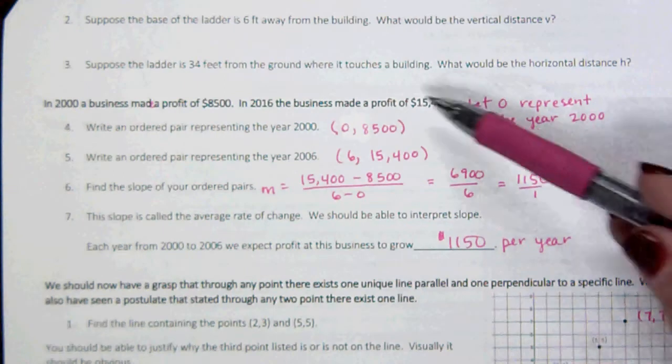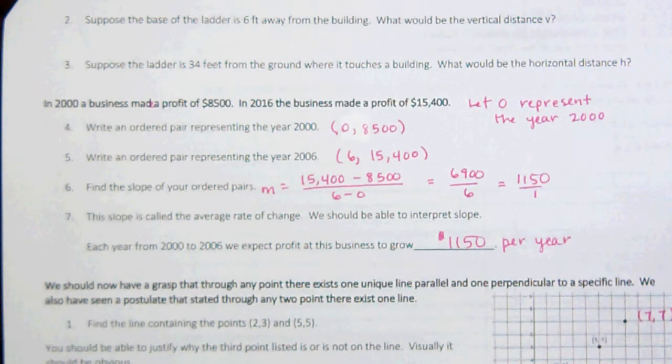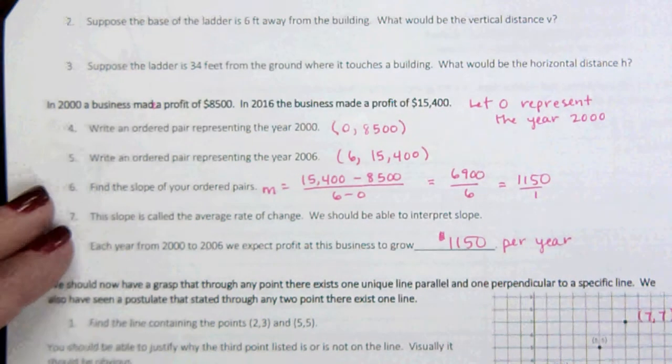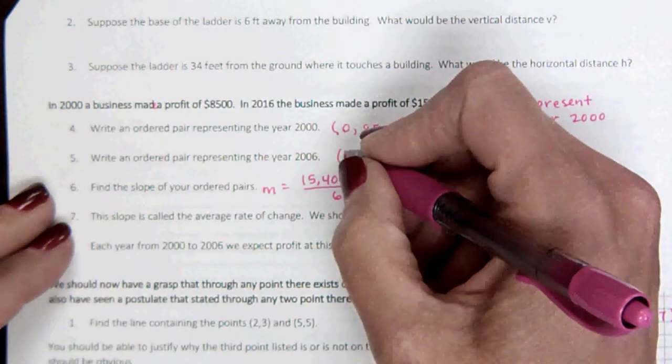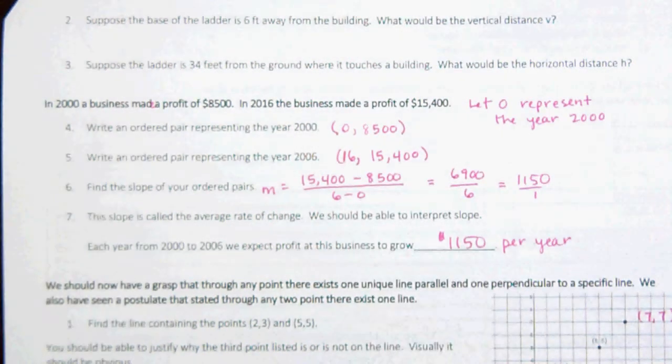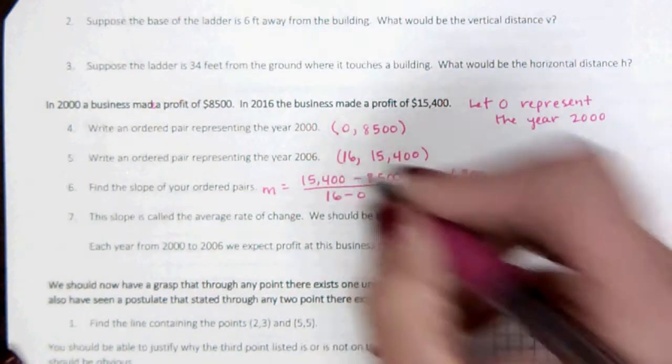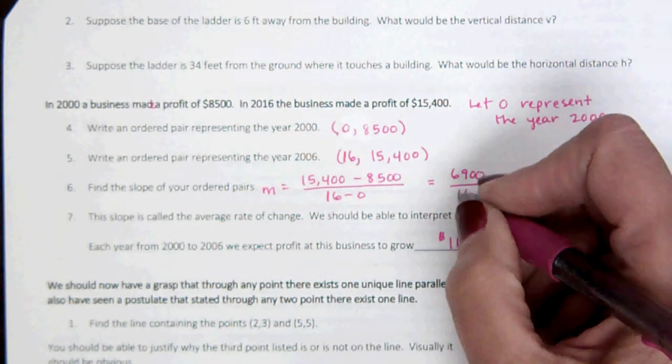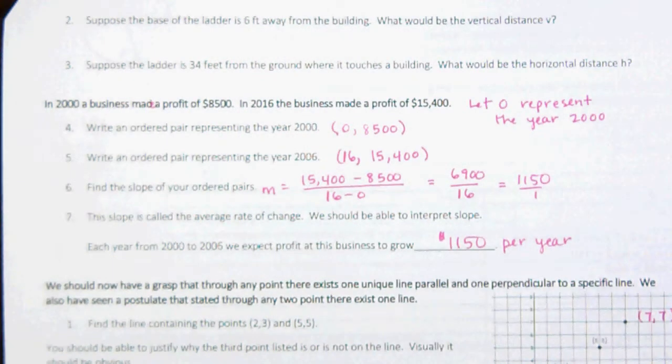So now in 2016, oh shoot, I have completely made an error here, haven't I? That should be 15,400. So this should be 16 minus 0, and that should be 16. And now I'm going to have to look at my calculator and go, oops, what is 6,900?